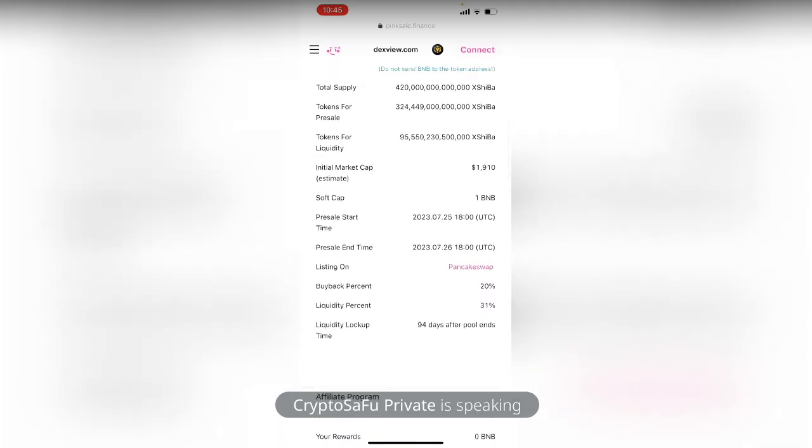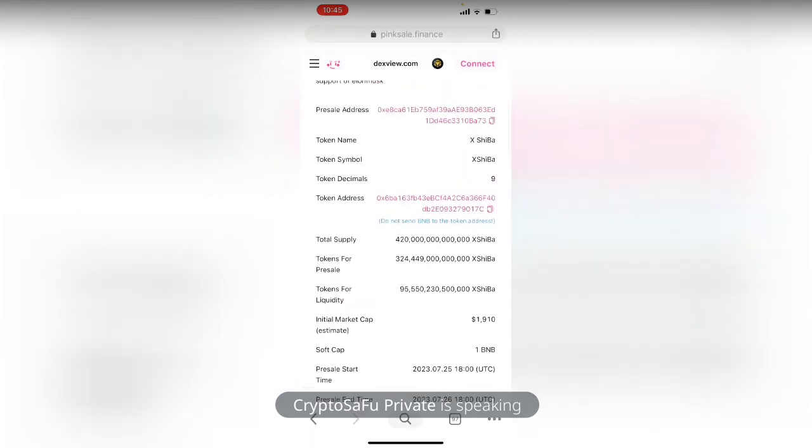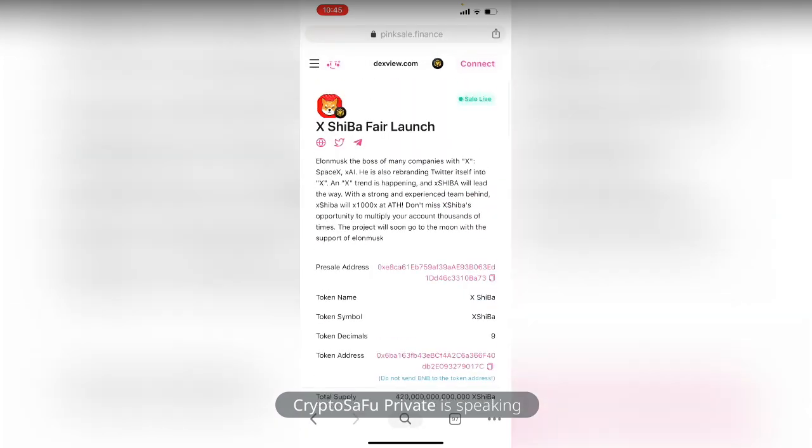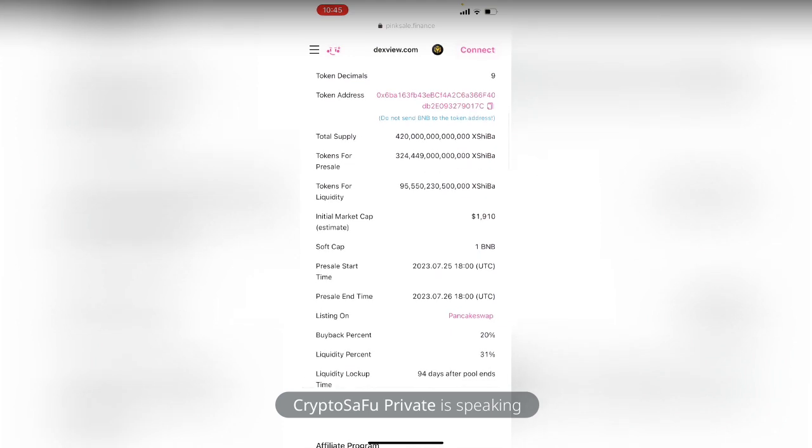Otherwise, this is just a place whereby people gather funds together for the launch. So for fair launch, what it means is that everyone buys the token at a fairly distributed amount.